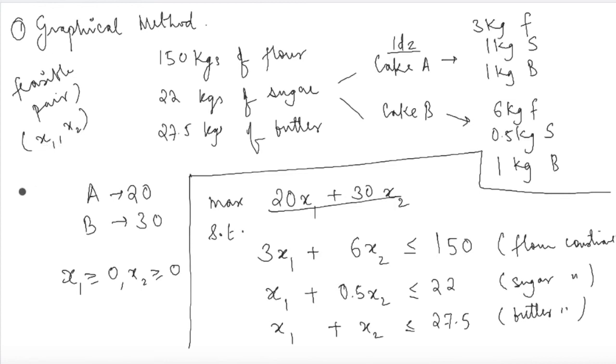A typical pair will be called a feasible pair if this pair satisfies all of these conditions. These three conditions, this condition and this condition. अगर ये सारी चीजें एक pair satisfy कर रहा है, then that pair of cake A and cake B will be called a feasible pair. ठीक है? Now we're not saying that it will be an optimal pair. We are just saying that it will be a feasible pair.